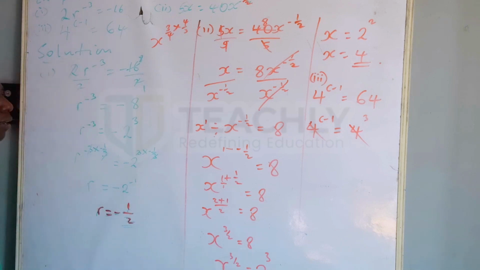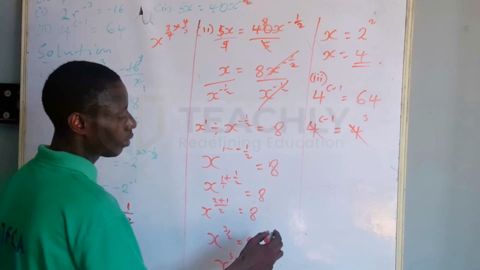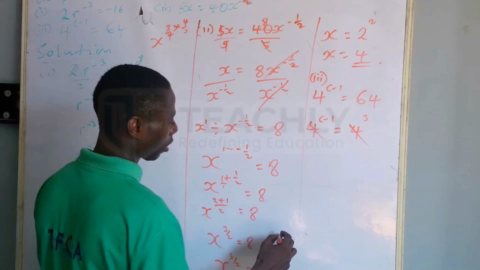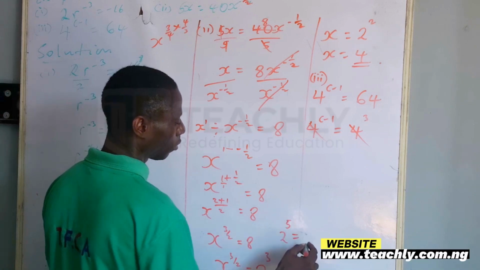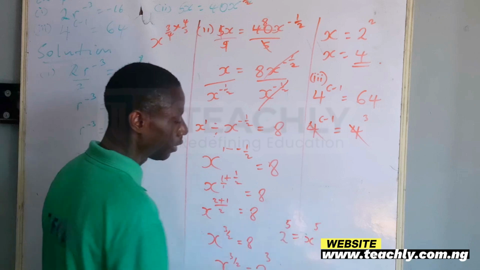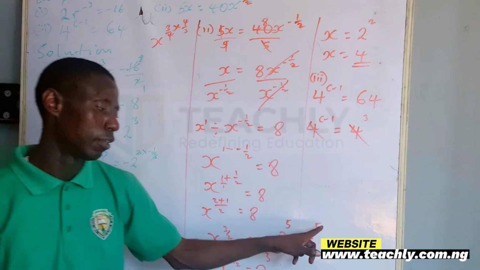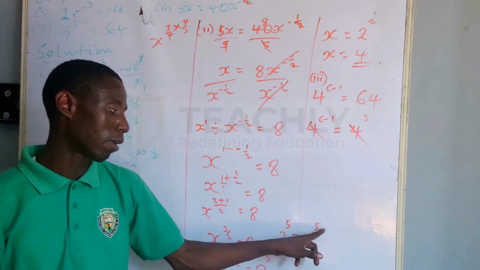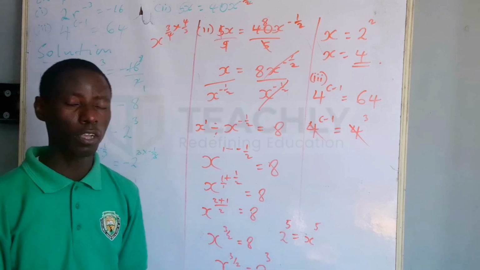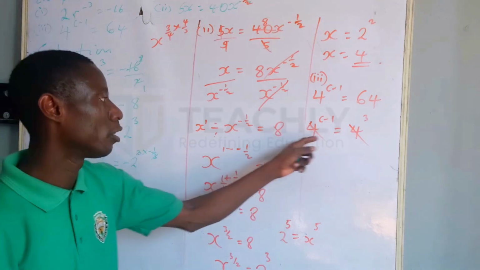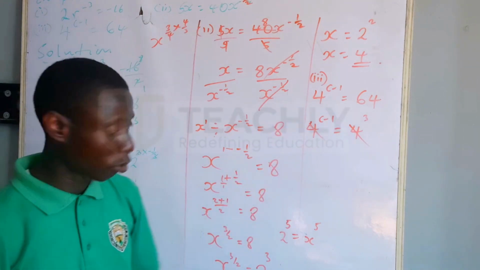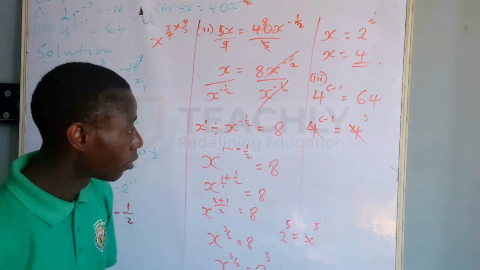You can have, let's say, 2^5 = x^5. Here you can equate the base and then equate the rest. So it depends. When the base is the same, cancel the base and equate the power.